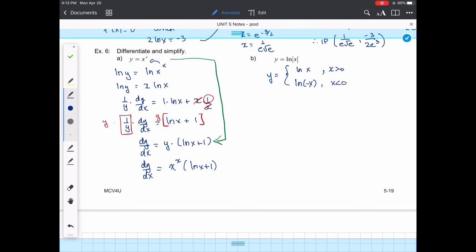Okay, ln of x can never be 0. So if I take its derivative, y prime, the ln of x now just becomes 1 over x for where x is greater than 0. And our ln of negative x is going to be 1 over negative x for when x is less than 0.